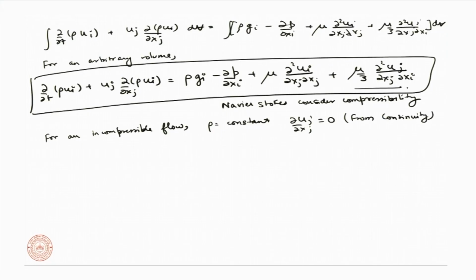So, this last term becomes 0, right. It is del uj by del xj and del by del xi of that.